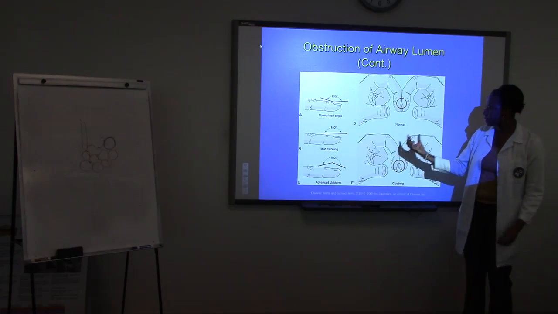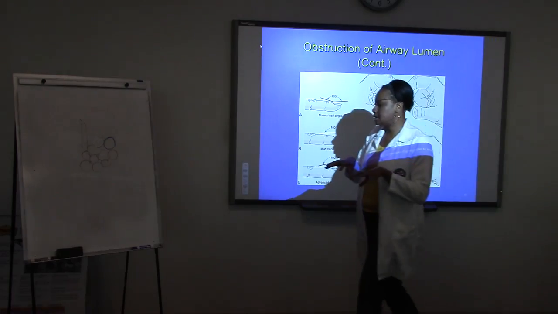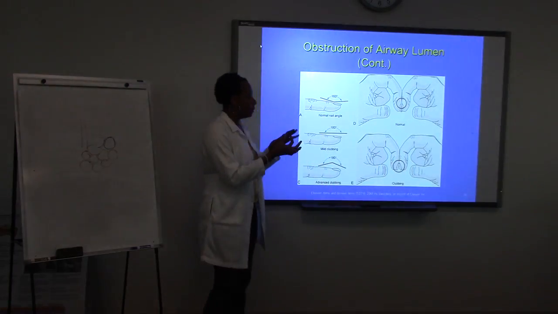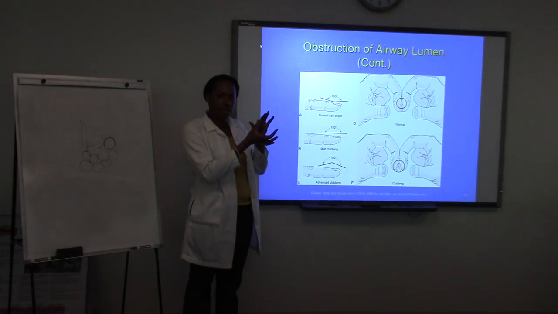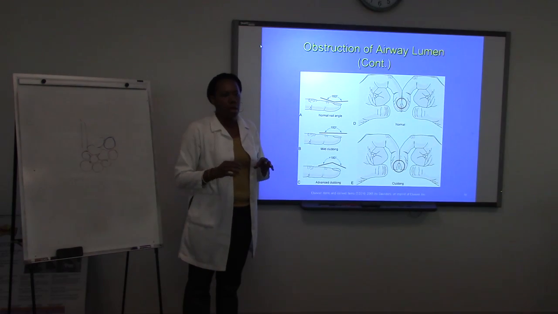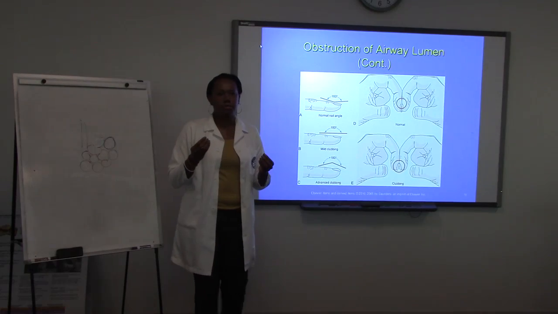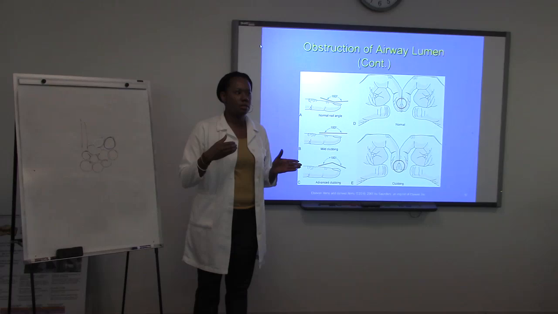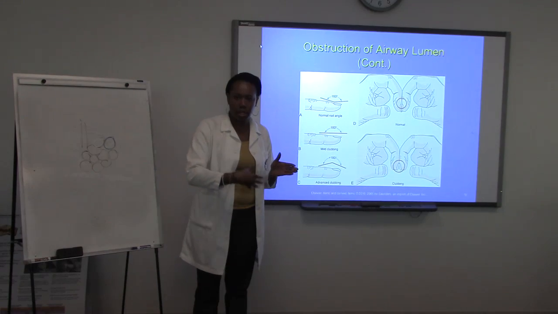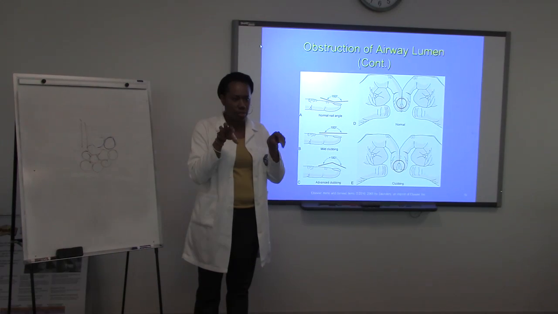So, what happens is this. Digital clubbing is where the finger pad gets thicker and wider. There's two philosophies behind this that I read. One has to do with the lack of blood flow causing the patients to have this situation to the fingertips.